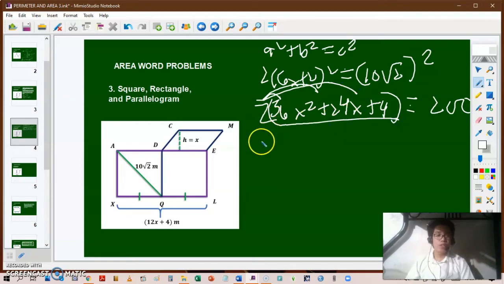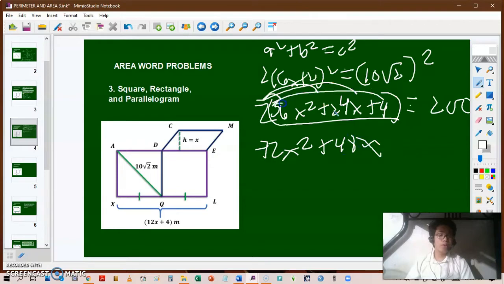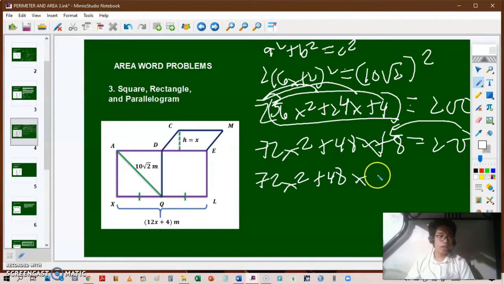So that's 36 times 2, which is 72x squared, and then 24x times 2 is plus 48x, and 4 times 2 is plus 8, equal to 200. If we transpose that, it's going to be 72x squared plus 48x minus 192 is equal to 0.